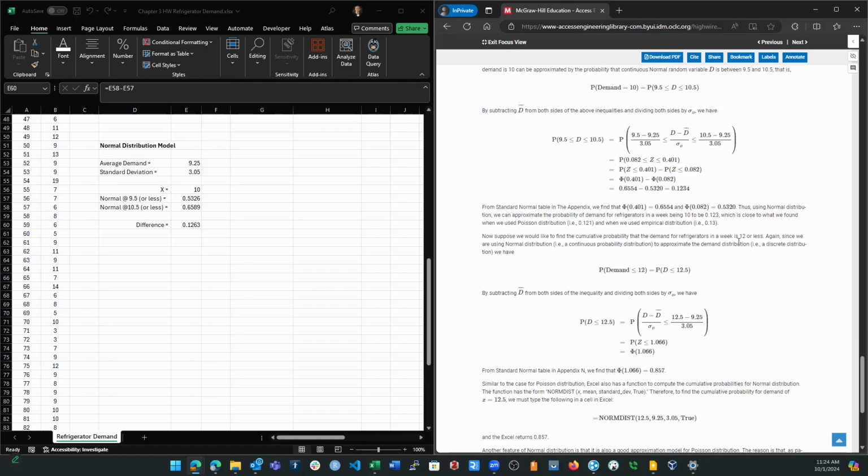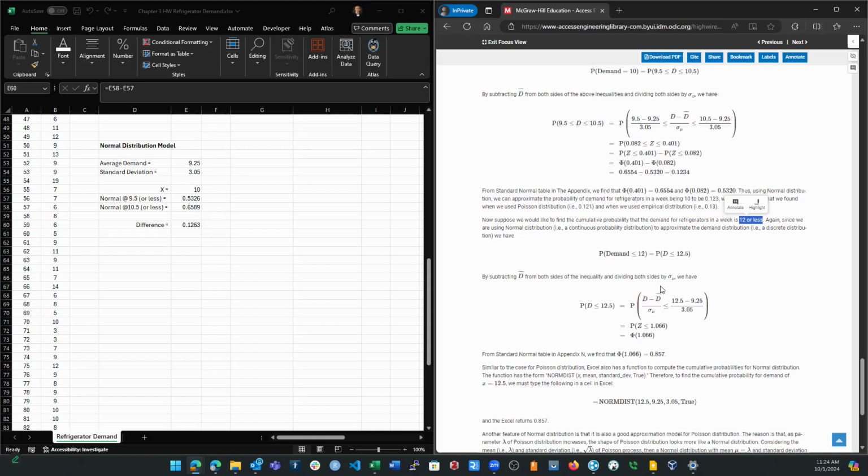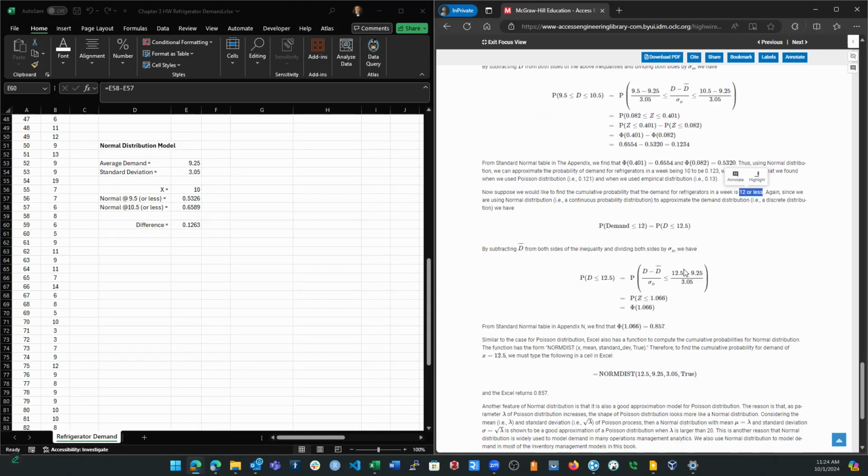In this case, when we're looking for 12 or less, where we're looking specifically for a cumulative distribution, we don't have to subtract. We do a very similar process, but in this case we're looking for that 12 or less.